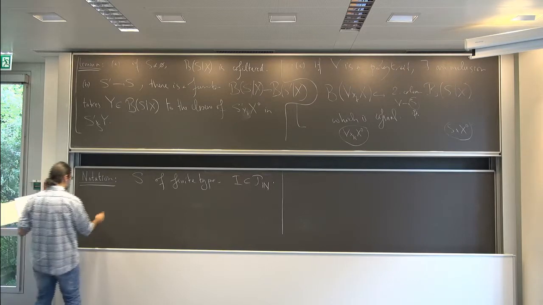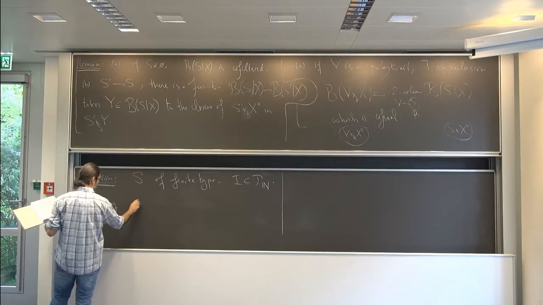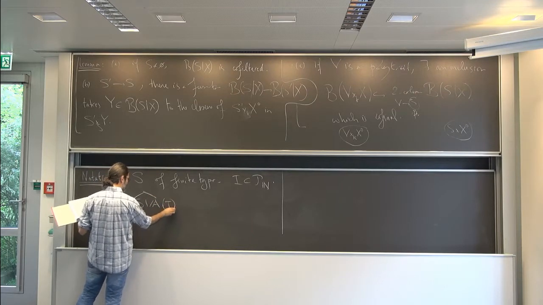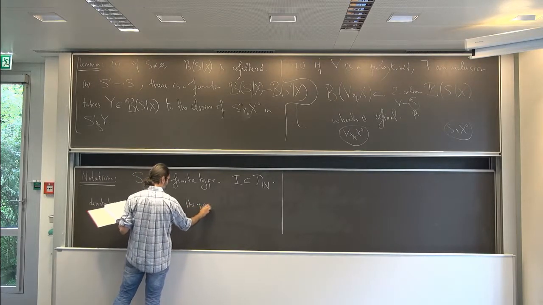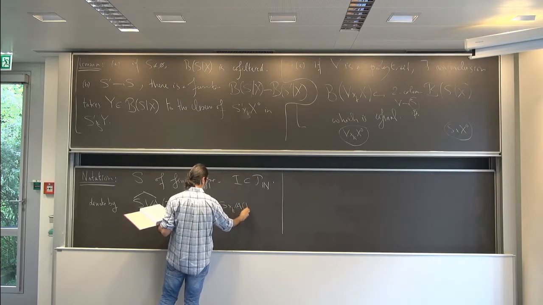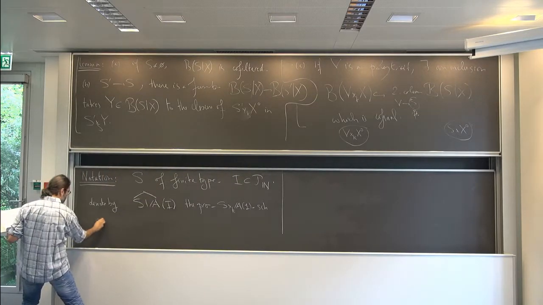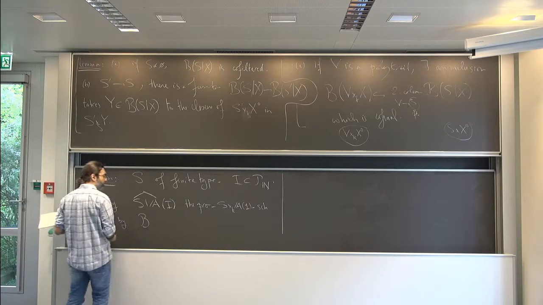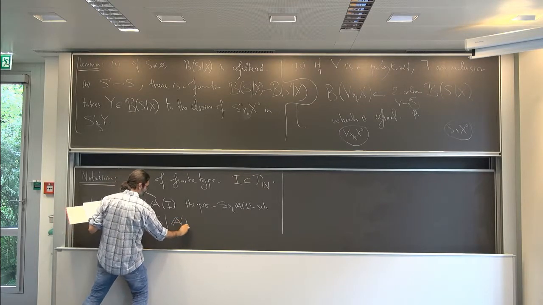We denote by S_A hat the pro-scheme given by the inclusion of this cofiltered category B_S.